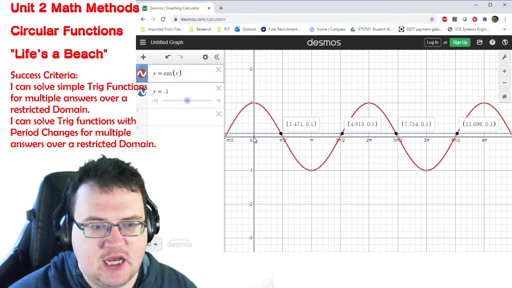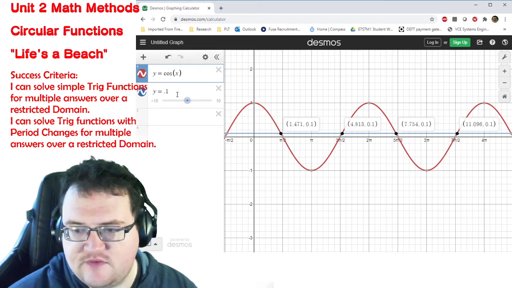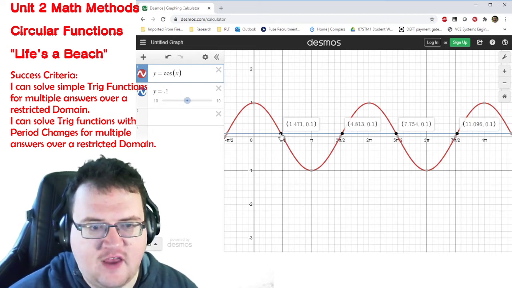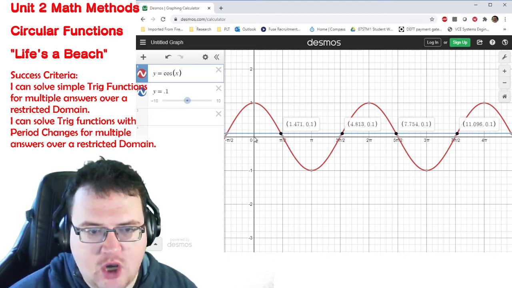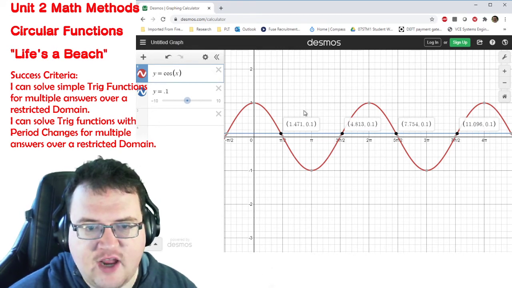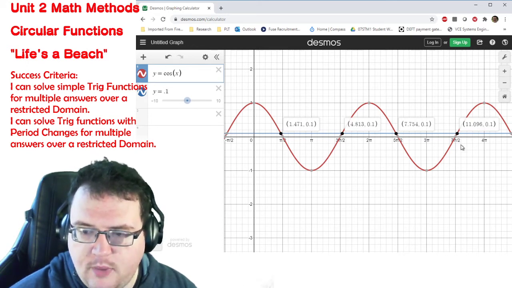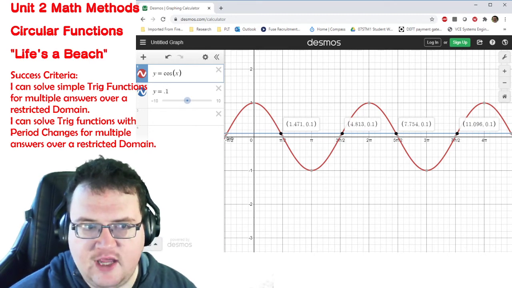So in this case here, this first one, cos of 0.1. When does cos of x equal 0.1? Well, it's at 1.471. And through symmetry properties, we know that every other answer is going to be pi onwards because of the way cos of x works.